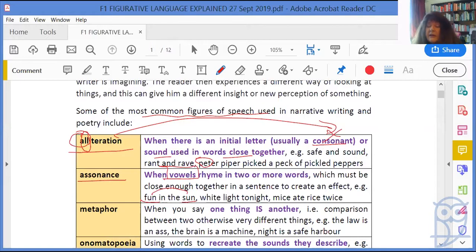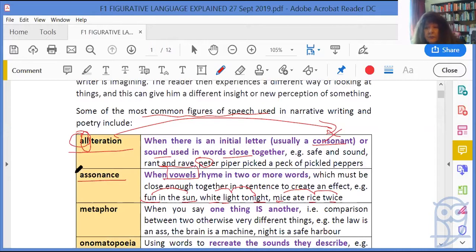You've got these two sounds close together. White, light, tonight. You've got that I sound all together. Here's another one. Mice ate rice twice. Again, you've got the vowel sound. Okay, and that's all you need to look at with assonance.